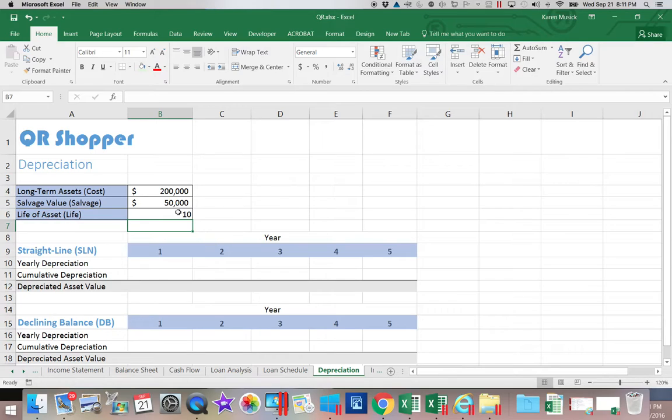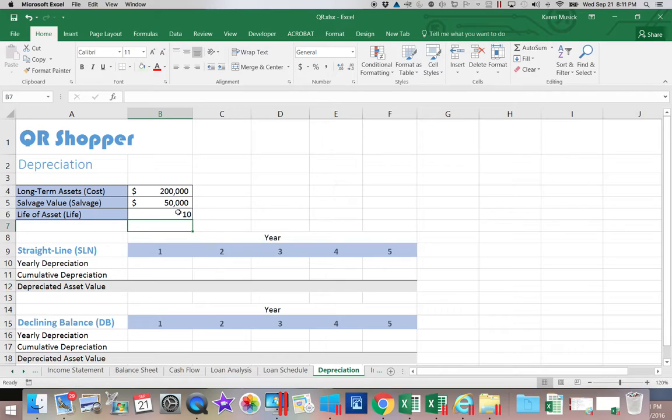Now, I can't depreciate or take all $200,000 as an expense, because $50,000 of it, I think I can get back at the end of the life if I sell the asset. So I'm only going to take the net of those two numbers. I'm going to take that $150,000 and I'm going to somehow spread that over the life of the asset.